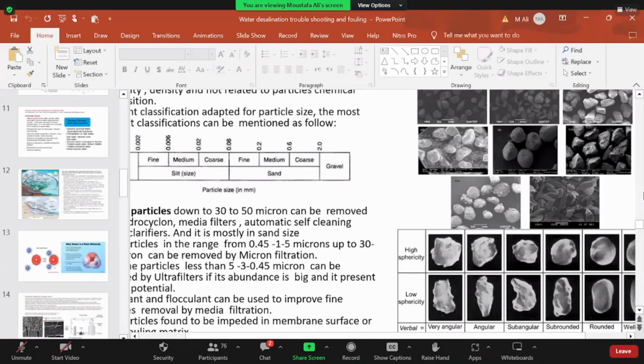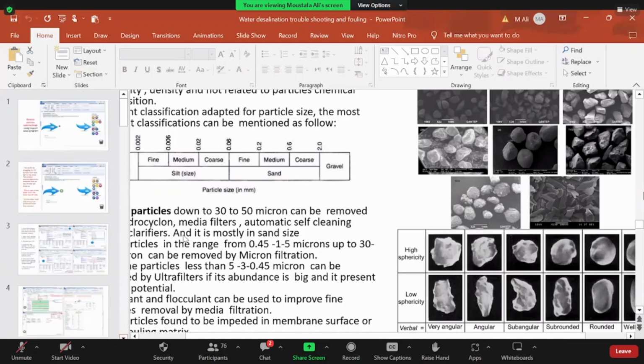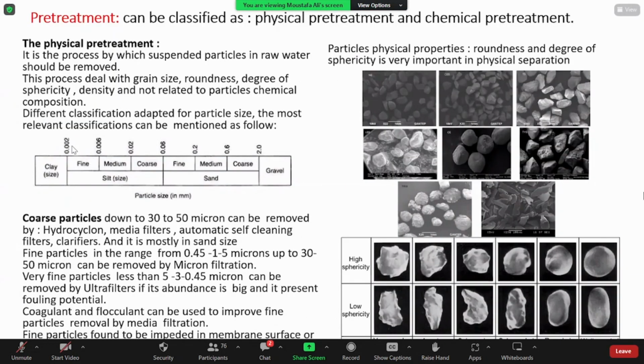If it is less than that, we just have to pass it through ultrafiltration. Of course, if we are applying a pressurized system, much care should be taken about the maximum particle size which will pass in the module or around the membranes, so as not to have coarse particles entrapped between the fibers and cause fouling problems in the element itself.